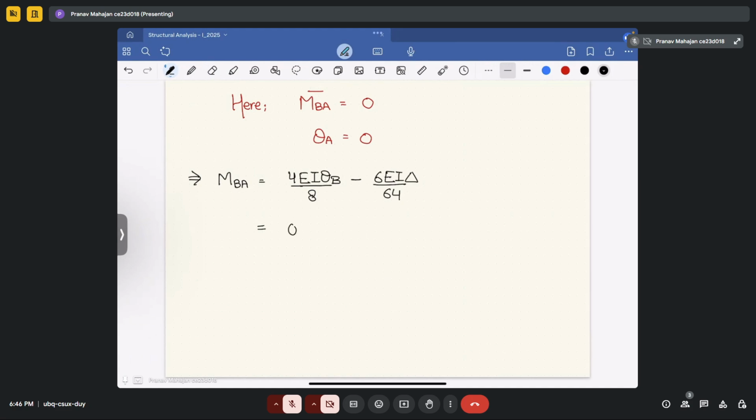And that will be equal to 0.5 EI theta B minus 6 upon 64 EI into delta.